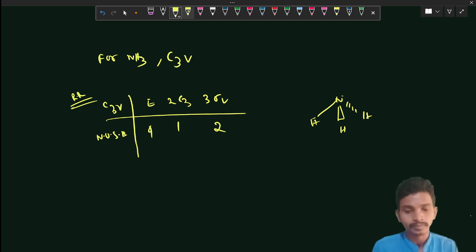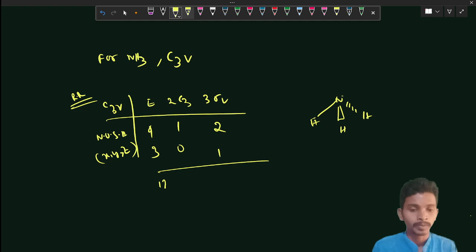And for XYZ, the character of E is always 3, C3 is 0, and sigma v is always 1. So we multiply to get 12, 0, 2. This is the irreducible representation in 3n coordinates.